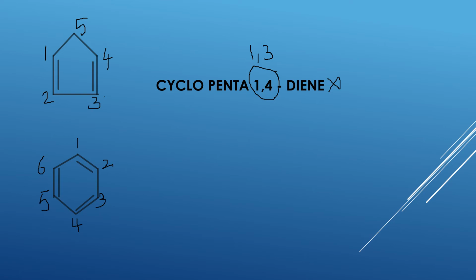Fifth carbon, double bond is there. So 1, 3, 5. Double bond means ene. 3 double bonds are there, triene. Cyclic compound, cyclo. So on the whole, cyclohexa-1,3,5-triene. Like that we can write.